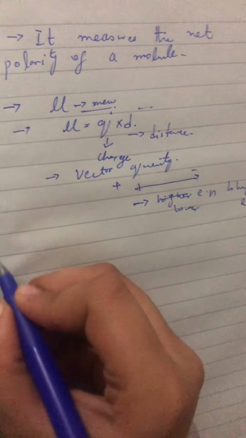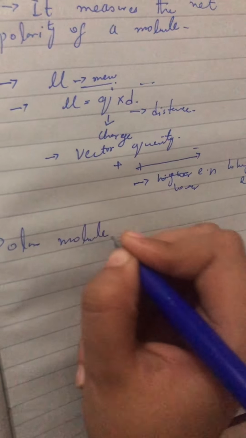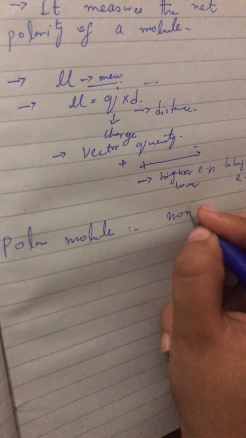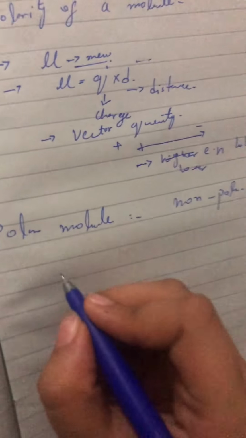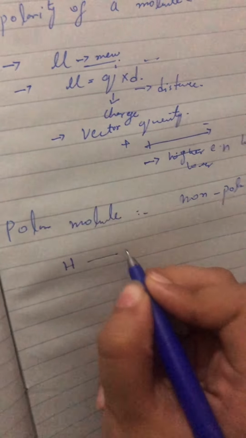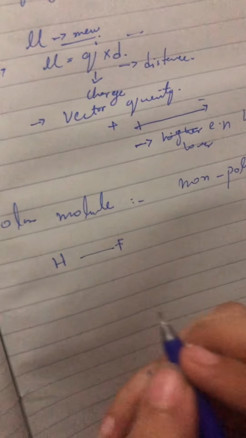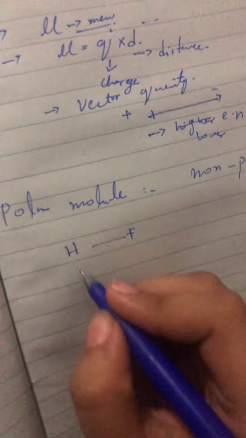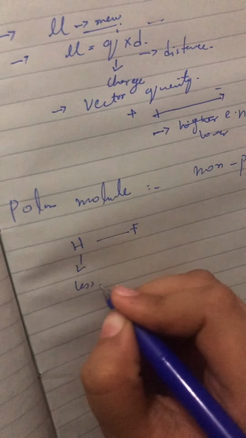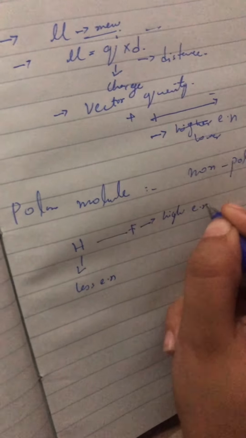So here first of all I will tell you about the polar molecule and non-polar molecule. What is polar? For example, we are having hydrogen and fluorine, right? You can see these both are different atoms, and hydrogen is less electronegative and fluorine is highly electronegative.